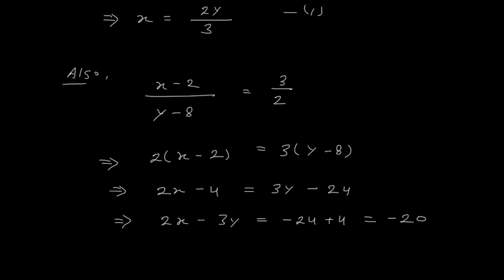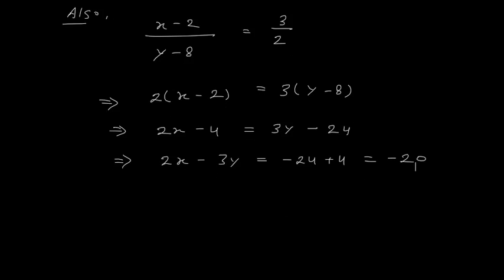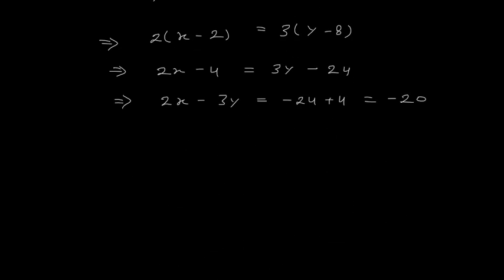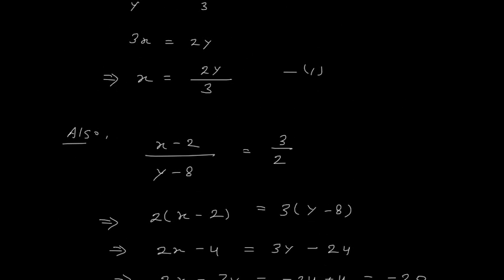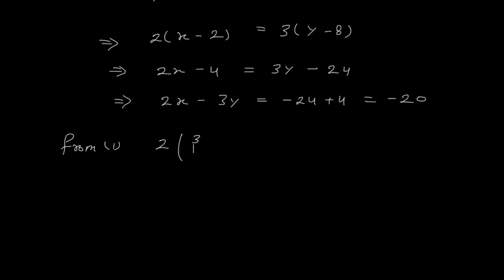Now the value of x is 2y divided by 3. We can put the value of x. So from equation 1, it is 2 into, in place of x we have 2y upon 3. I will write 2y upon 3 minus 3y equal to minus 20. Now 2 into 2 is 4, so 4y upon 3.